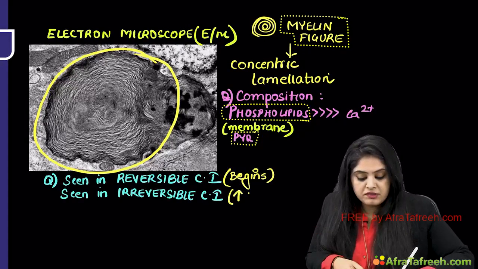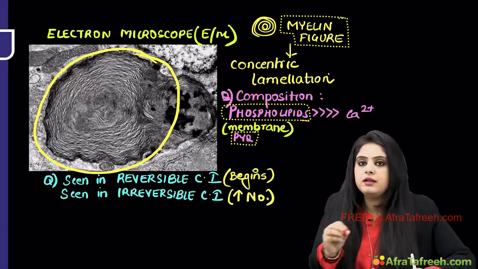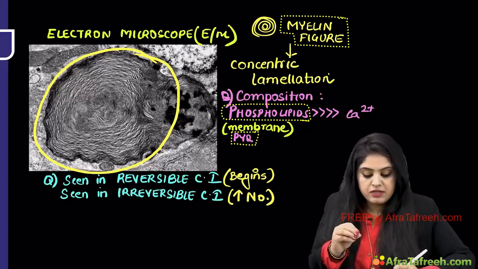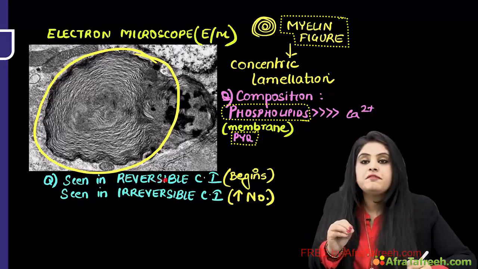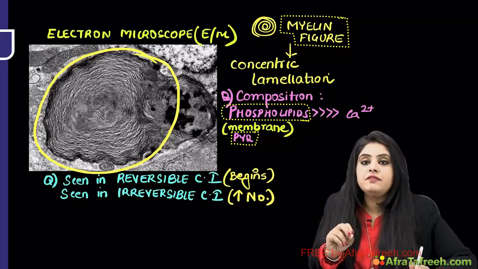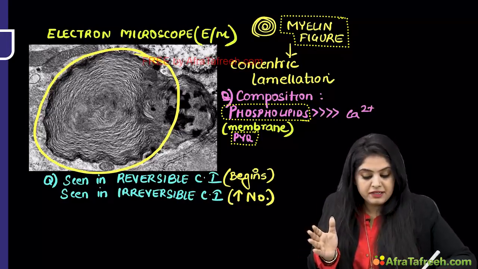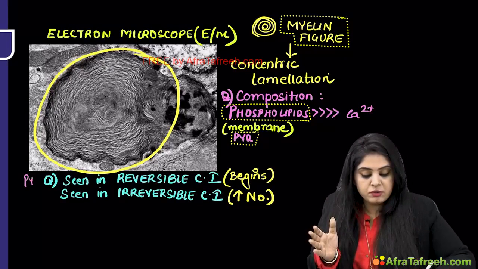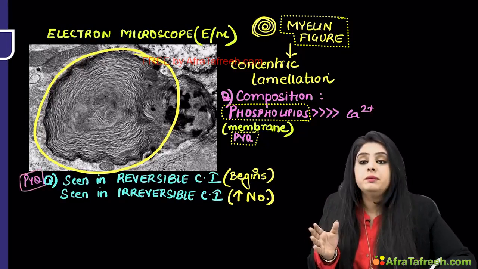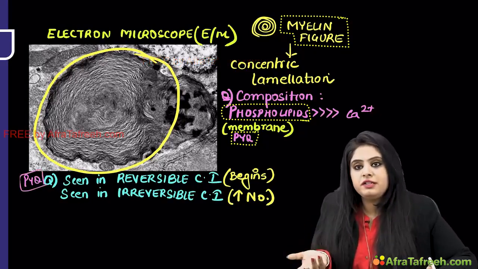But in irreversible cell injury, there is an increase in the number. I'm just giving you a random number: in reversible cell injury, if you have 5 myelin figures, in irreversible cell injury, you will have 50. So if a question comes, myelin figures are seen in reversible, irreversible or both, your answer is going to be both. But where do you see more myelin figures? More are seen in irreversible.